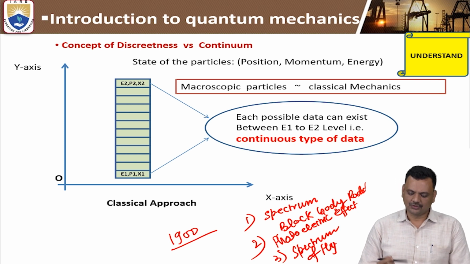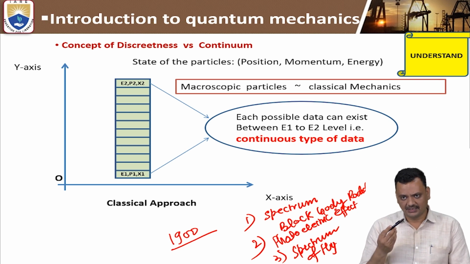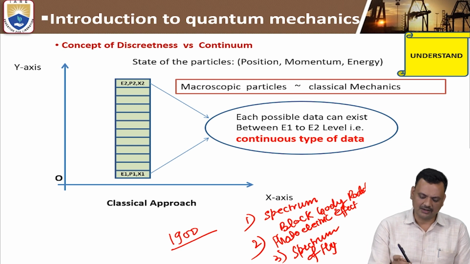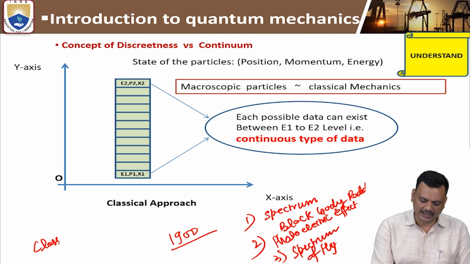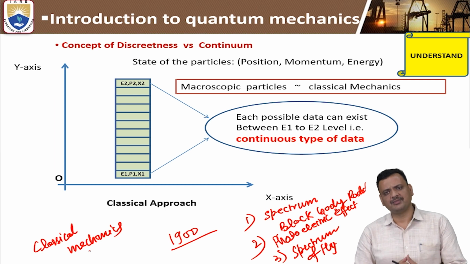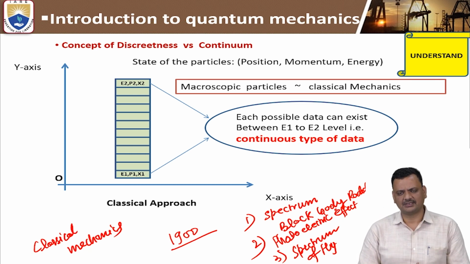On the basis of the existing theory, which at that time was only classical mechanics, all the phenomena of physics were dealt with using the rules of classical mechanics.